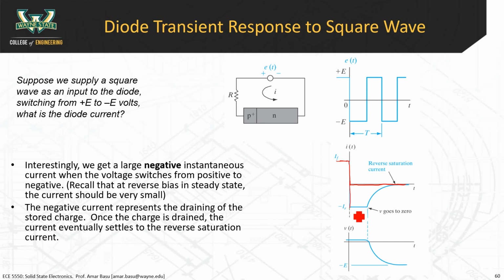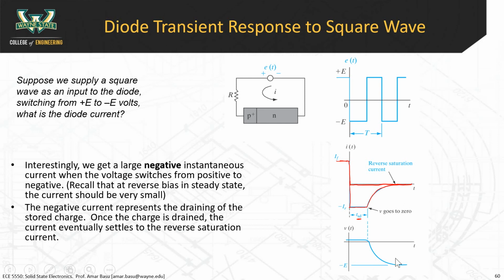It goes to a negative reverse current for some amount of time, and then it decays to 0. This extra feature, where it switches over to the negative current, is because of the charge storage transient. Once this charge gets drained, then only then does the current go to 0.